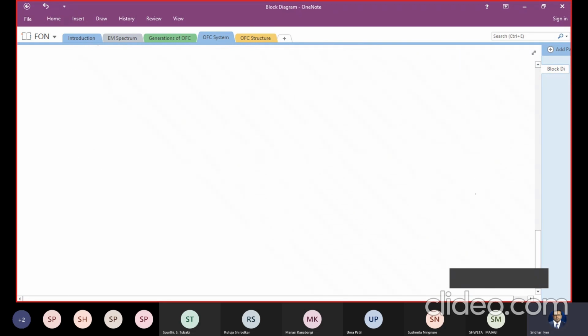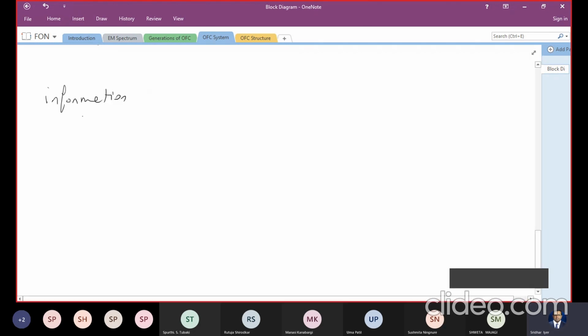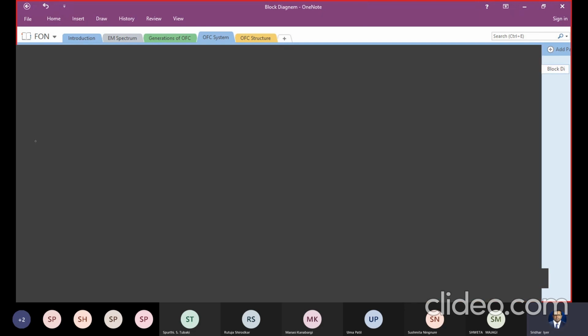Okay. So now, having done that, we are in a position to draw the block diagram of an OFC system. This is a very popular VTU question. So what you have is an information source. You can also just write it as source because source is about information.